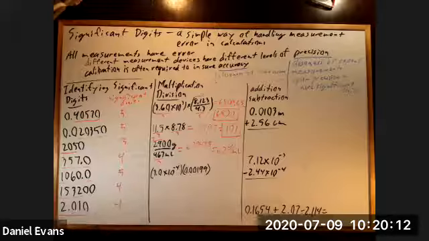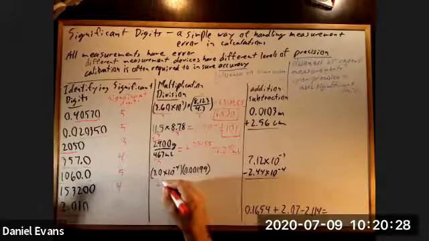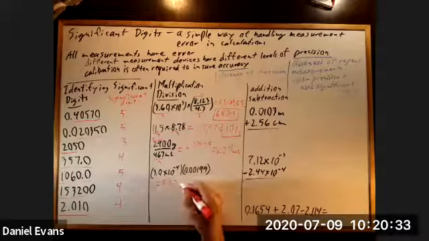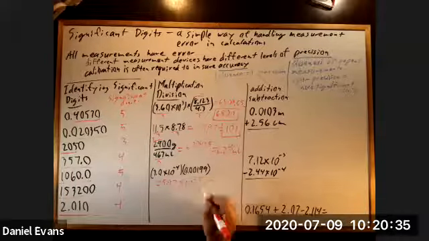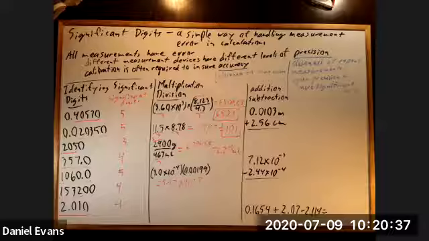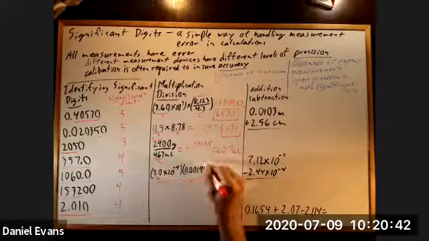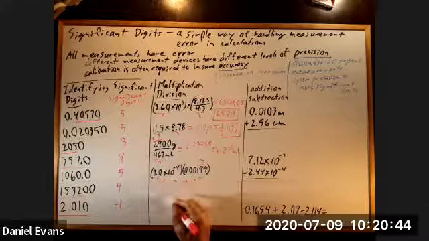And the last one here, we have 3 times 10 to the minus 4 times 0.00199 equals, my calculator gives me 5.97 times 10 to the minus 7. We look at what we have. We have 1 digit, we have 3 digits, so we're allowed to keep 1.